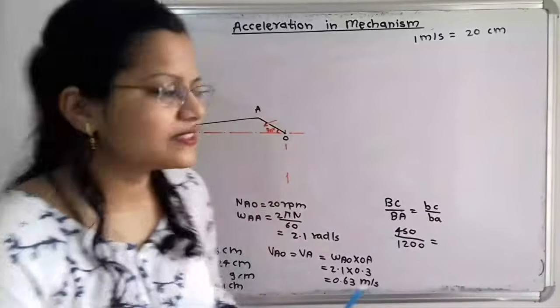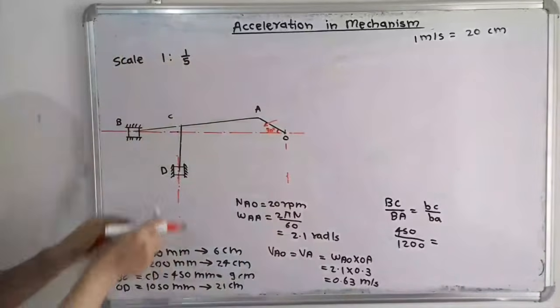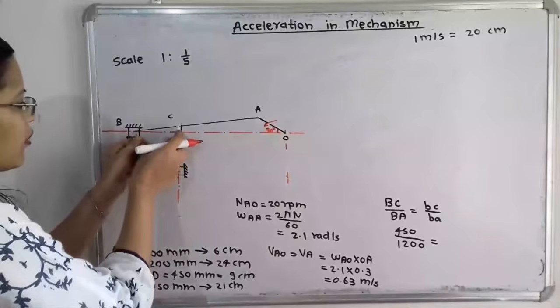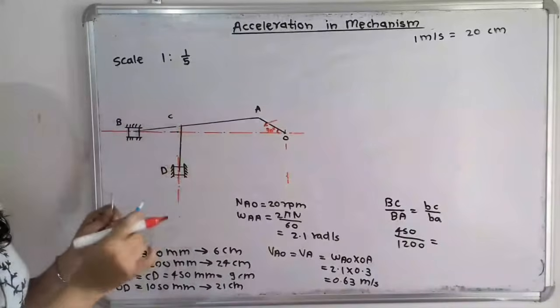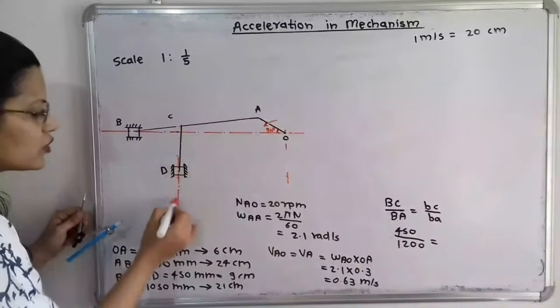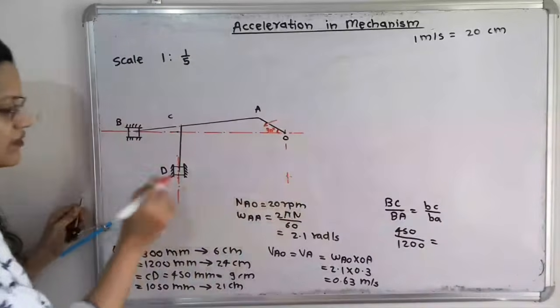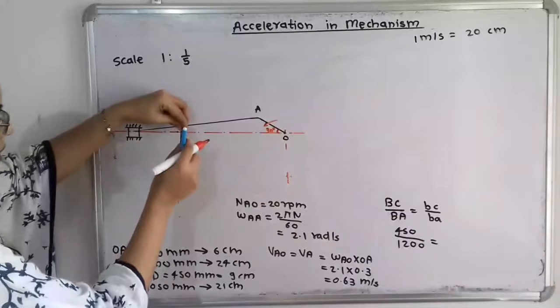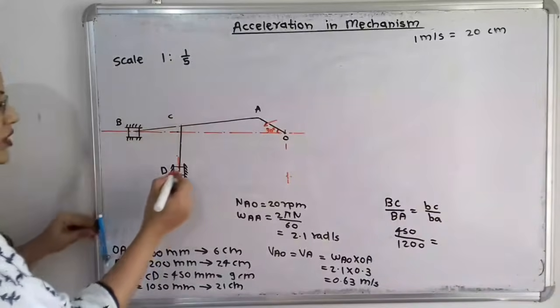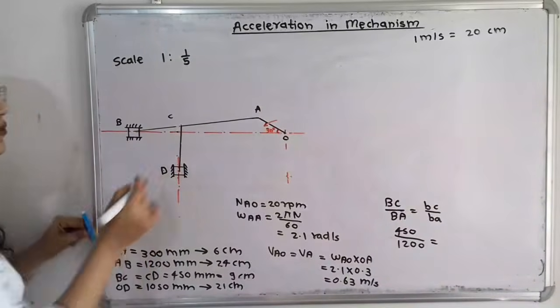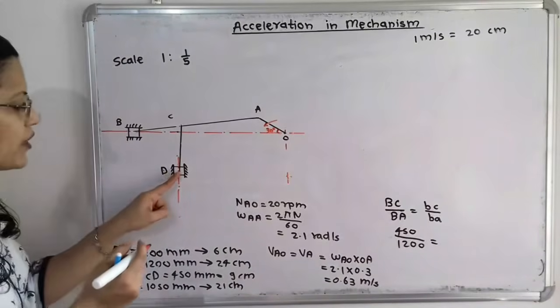In the compass take the distance of 9 cm, because the distance between C and D is given as 9 cm. This vertical line is already selected at a distance of 21 cm, and from C mark one arc. The point of intersection will give us the point D.